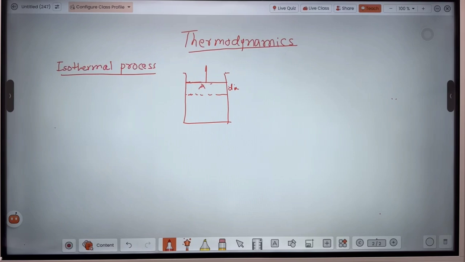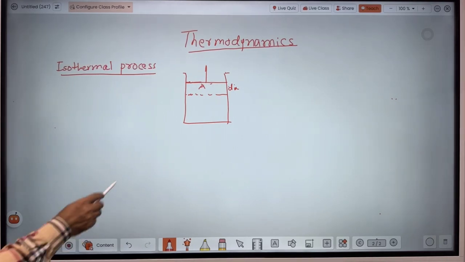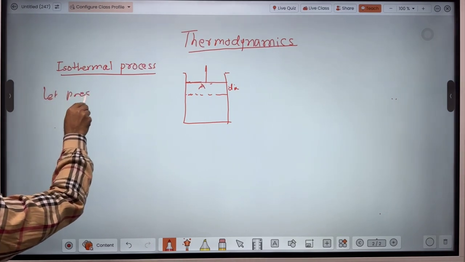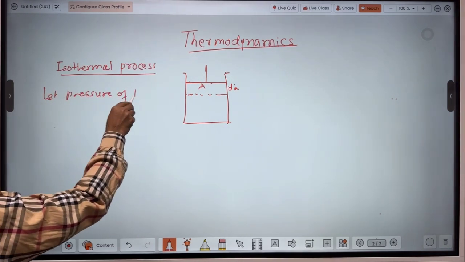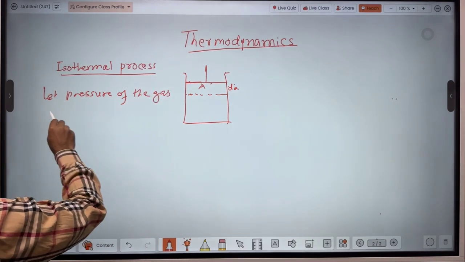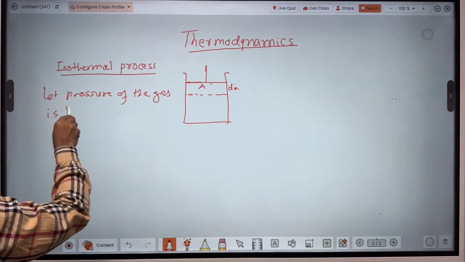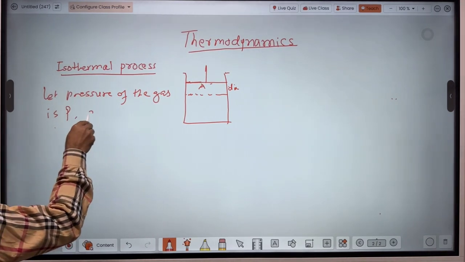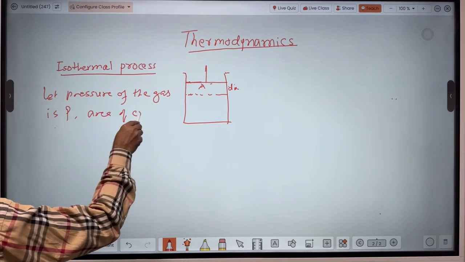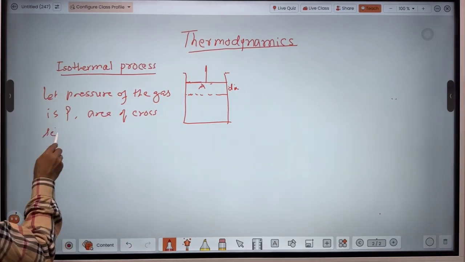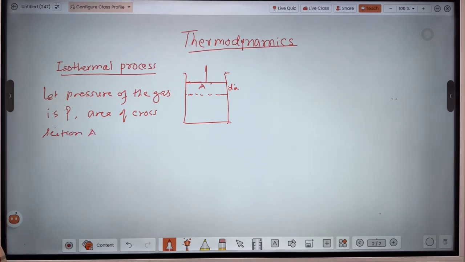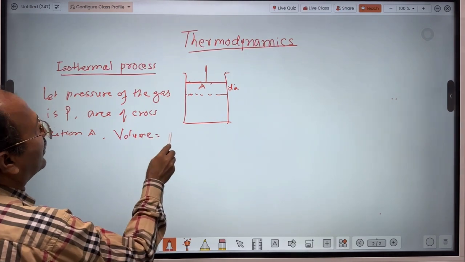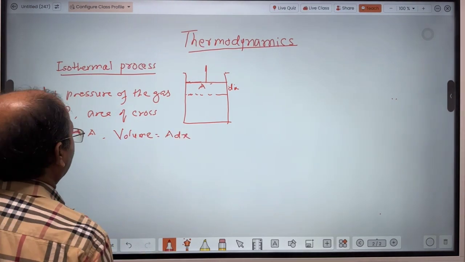So here we assume let the pressure of the gas be P and its temperature is T, and the area of cross section is A. Then if we find the small volume, that will be equal to A dx, right?